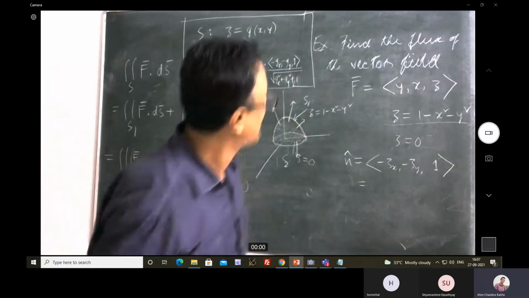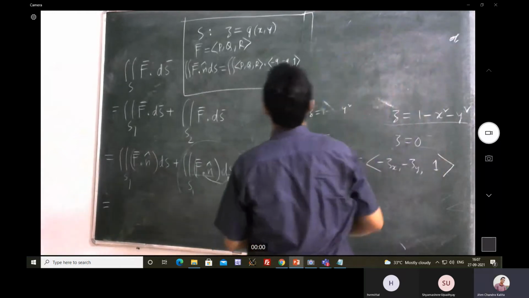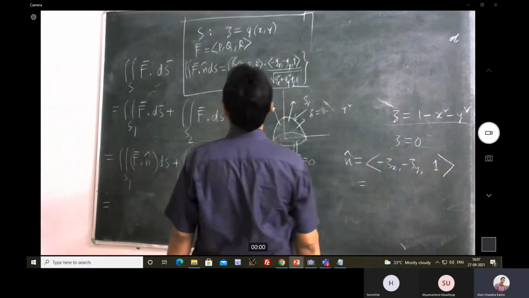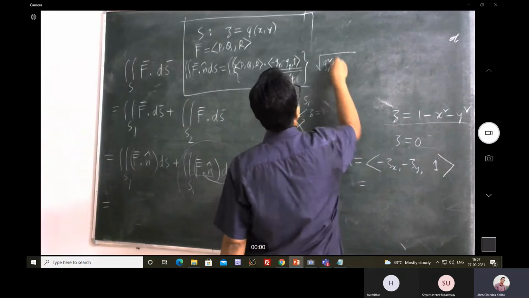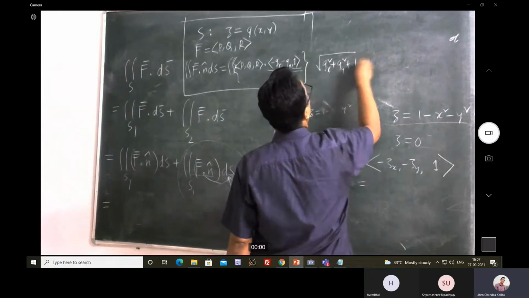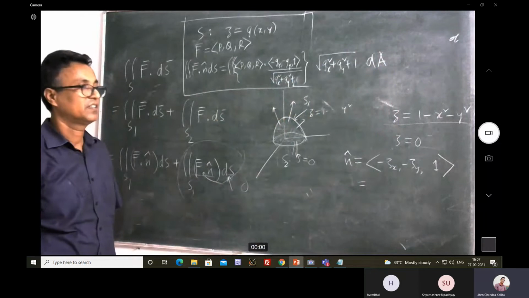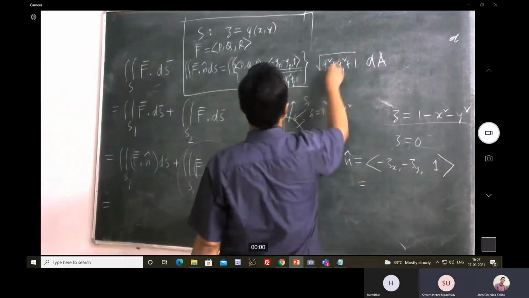On the other hand, this is F dot n cap, and dS is simply the square root of gx squared plus gy squared plus 1 dA. So these two will be gone.